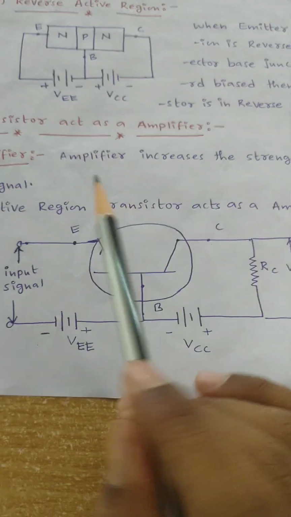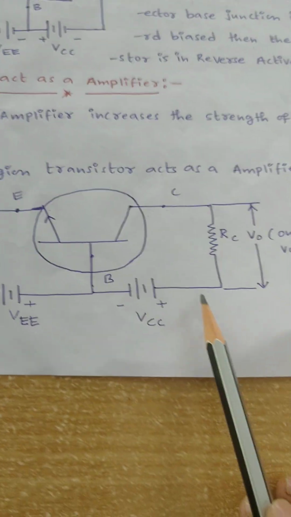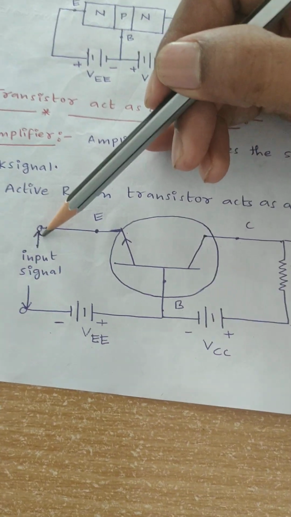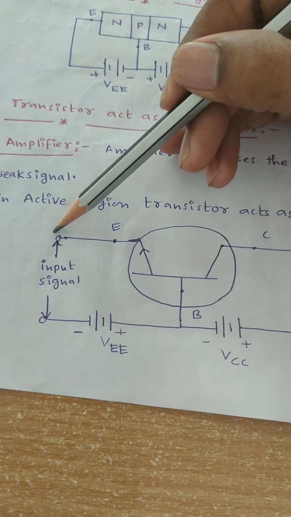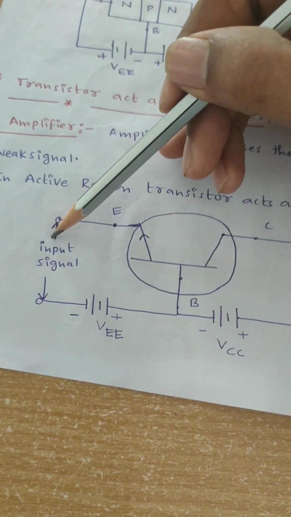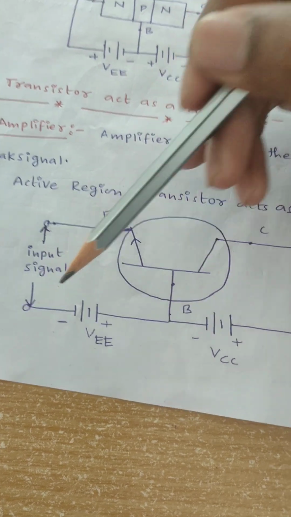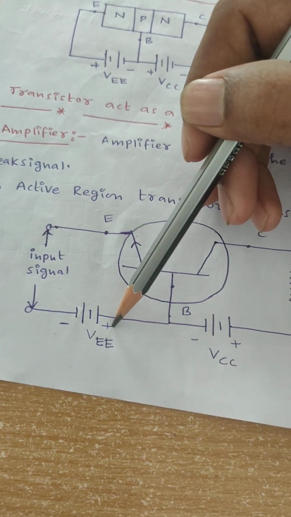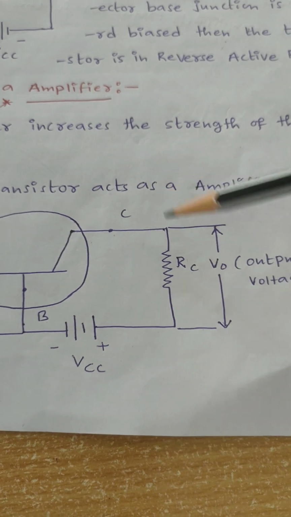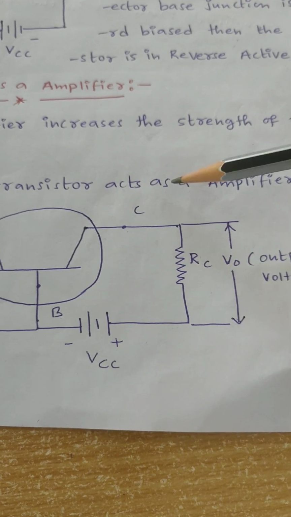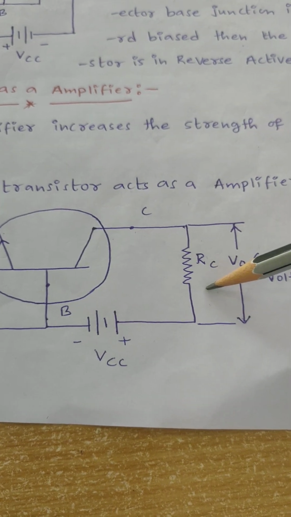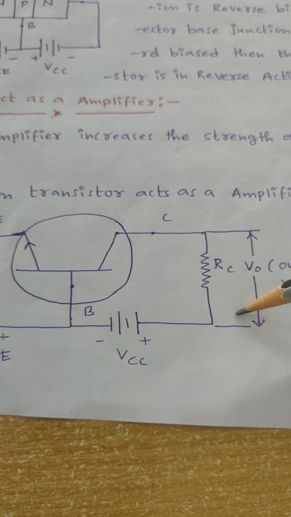Now see here, VEE and VCC are the biasing voltages. A weak signal is applied across the input terminals, and VEE is the biasing voltage. We measure the output across the collector terminals, where we connect a large value of collector resistor across the load.